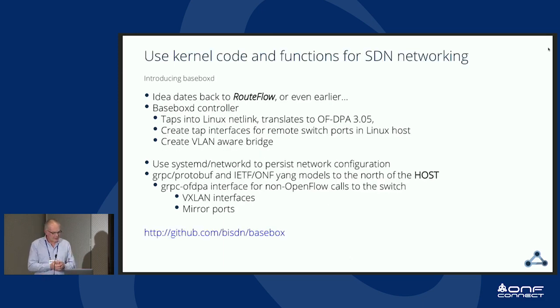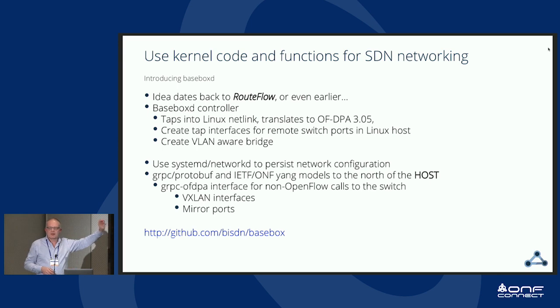So what we did is we wrote our own controller, which is a C++-based netlink to OFDPA translator. Nothing particularly special in the idea. That dates back like nine or ten years. I think RouteFlow was the first concept that was listening to netlink and translating the creation of IP addresses on ports, routes, VLANs, bridging entries, all of that into the ASIC.